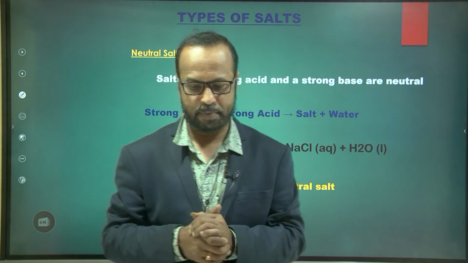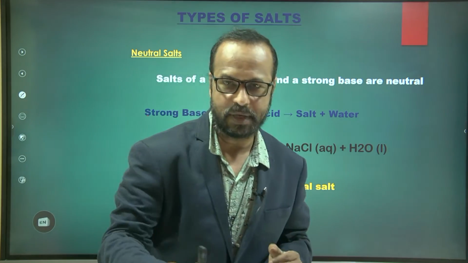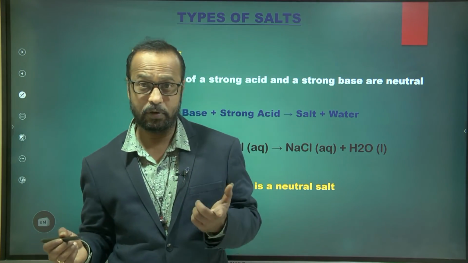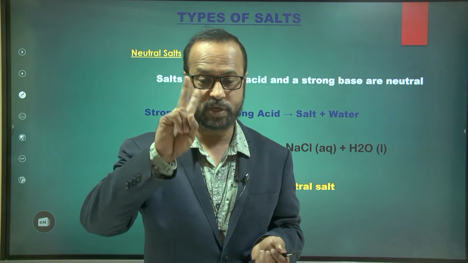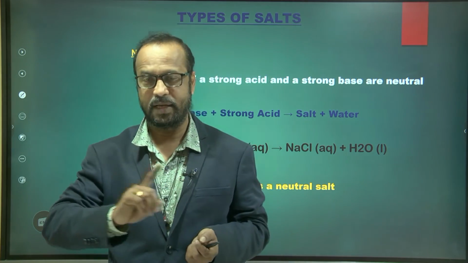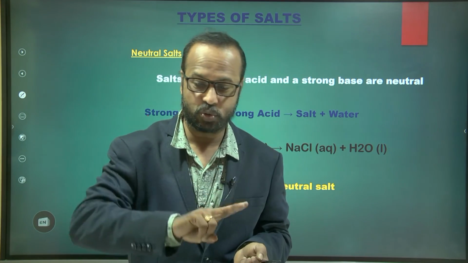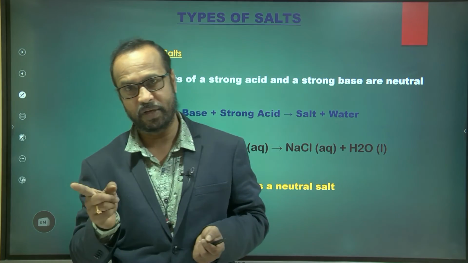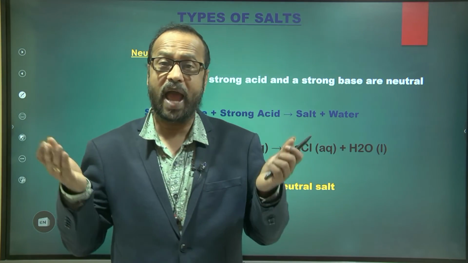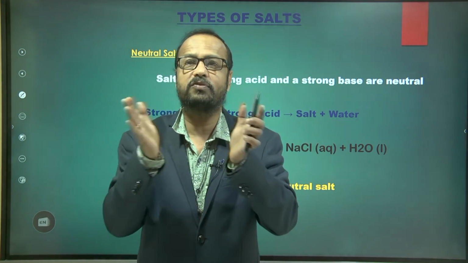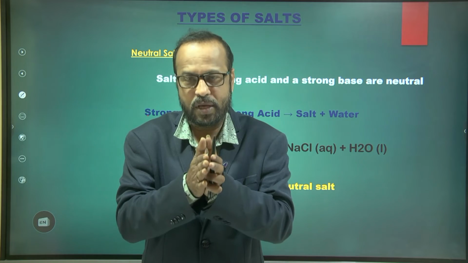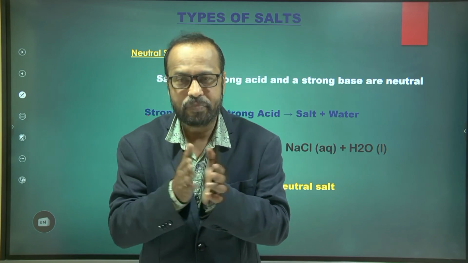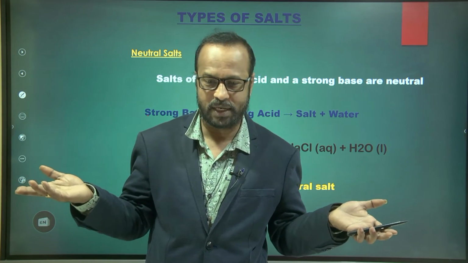So here also, if acid and bases are reacting, I already said that acids are of two types, strong acids and weak acids, and bases also are of two types, strong base and weak bases. So if acid and base are both of the same strength, then we get a salt that is neutral. Yes or no?